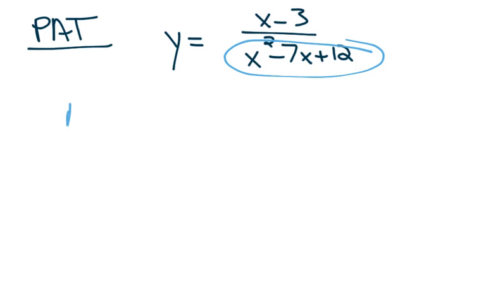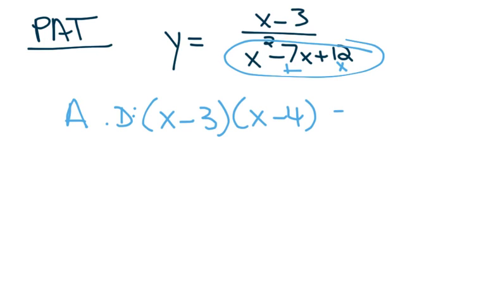Well, to find the domain, you need to factor the denominator, the two numbers that multiply to give you 12, but when you add them, give you negative 7, or negative 3 and negative 4. And then you would say that they cannot equal 0, so x cannot equal 3 and cannot equal 4, and that would be the domain, because those are the two numbers that make the denominator equal to 0, and therefore you'd have an undefined function.